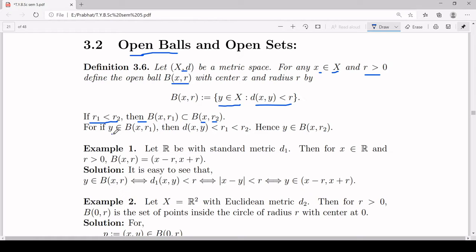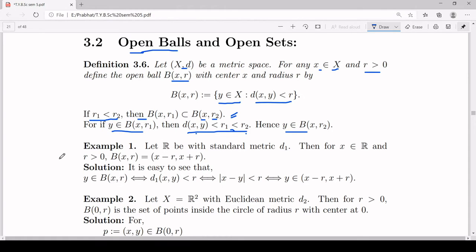If y belongs to B(x, r1), then by definition of open ball, the distance between x and y is going to be less than r1. But r1 is less than r2, that is given to us. So the distance between x and y is also less than r2, and that will give you that y belongs to B(x, r2) also, and that proves B(x, r1) is a subset of B(x, r2). So it was a small remark.